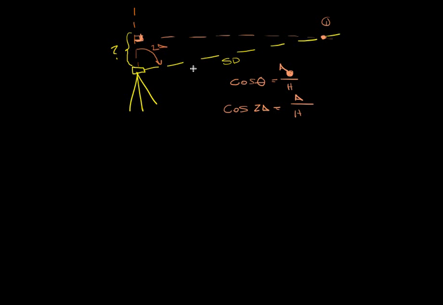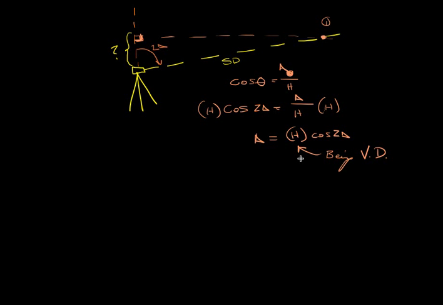To solve for the adjacent side, we multiply both sides by H. So A is equal to H times the cosine of the zenith angle.